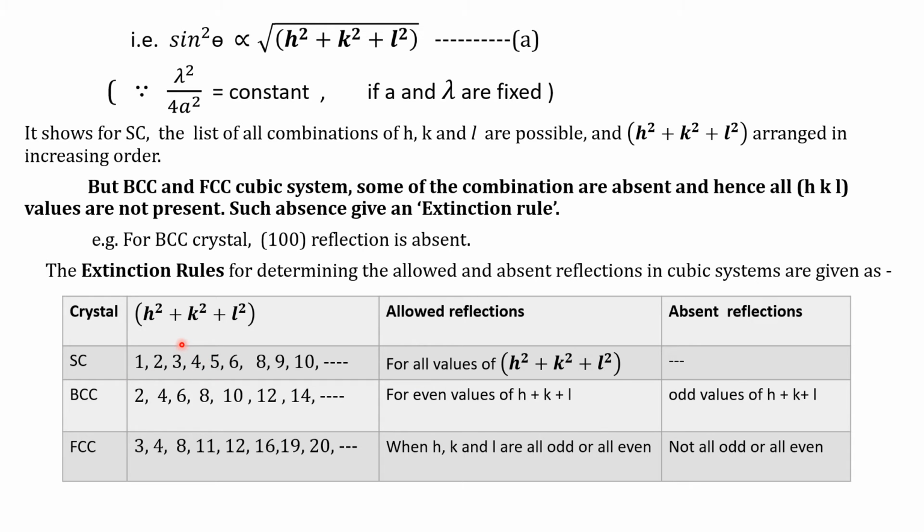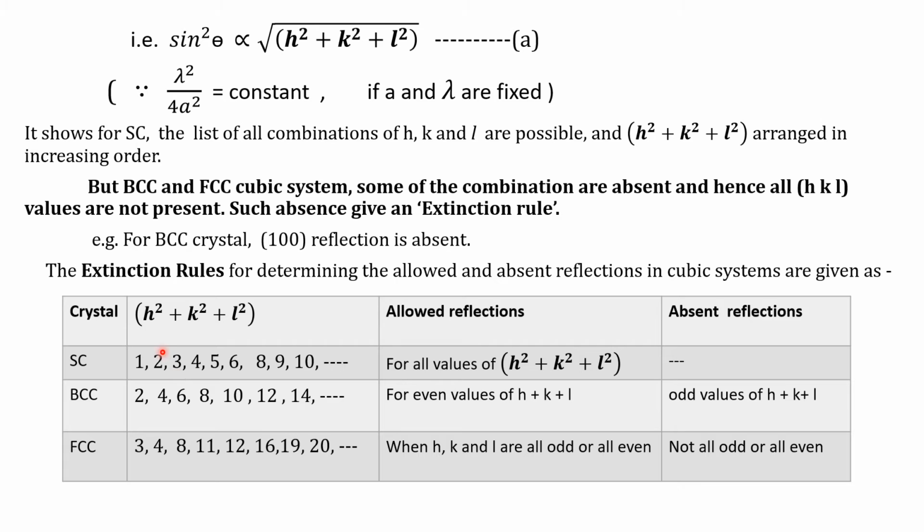All combinations are possible, so h square plus k square plus l square is arranged in increasing order: 1, 2, 3, 4, 5, 6, 7 is absent, as explained in the next slide, 8, 9, 10. H is 1, k is 0, l is 0: if we add these three terms by taking squares, we get 1. How do we get 2? If h is 1, k is 1, l is 0, then 1 square plus 1 square plus 0 square is 2.